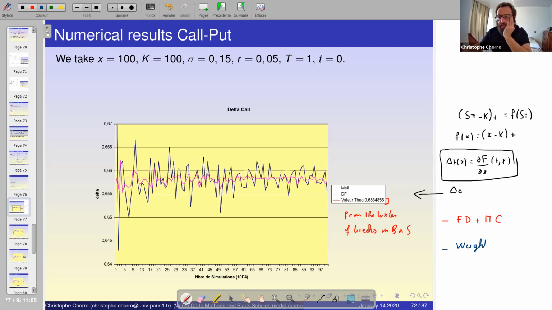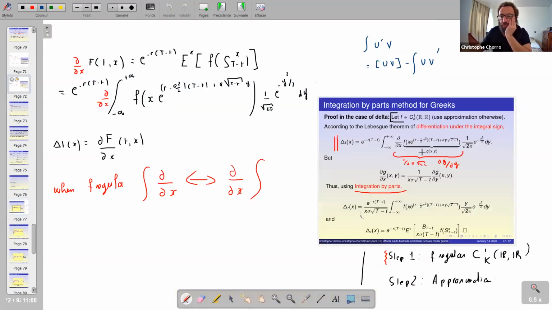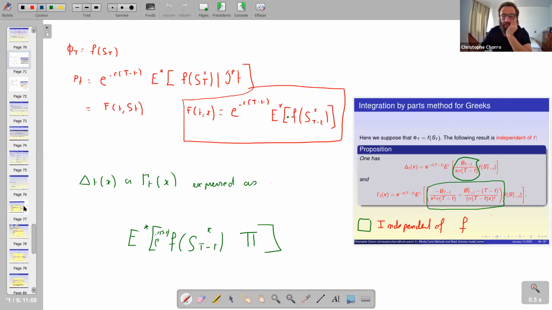By the weights, it's the one that I have called here Mal, for Malliavin. It's the one concerning the weights. And what I mean by the weights is just what I have obtained in these slides using this expression.